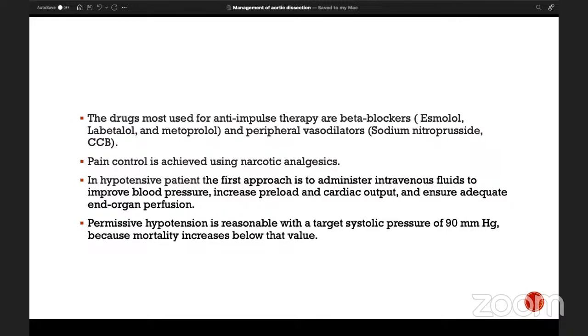The goal is to increase the preload and improve the cardiac output, ensuring adequate end organ perfusion. If the patient is having significant pericardial tamponade, I know most are not favoring introducing a pericardiocentesis catheter, but I have read some might, in certain situations, do it temporarily till they reach the operating room and manage the patient definitively.